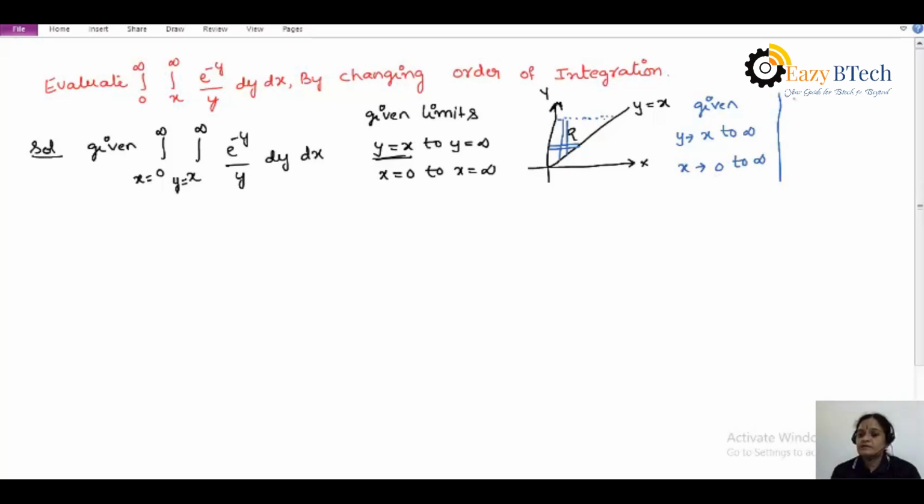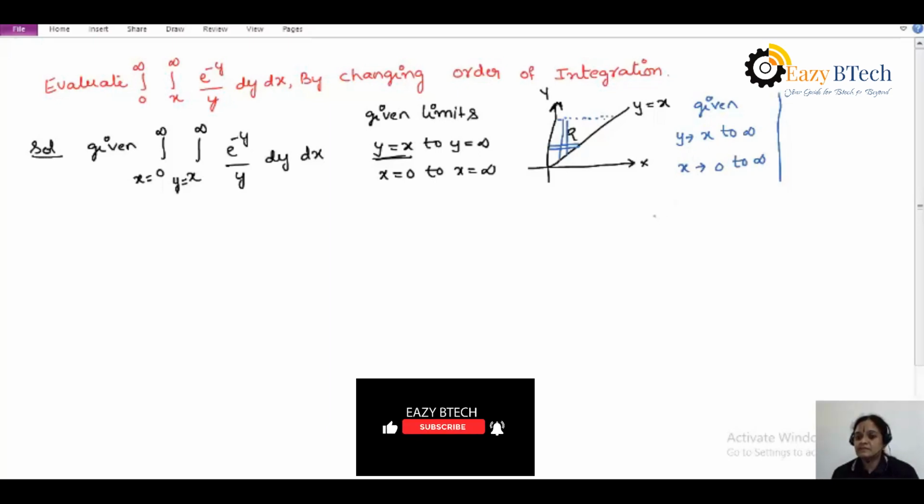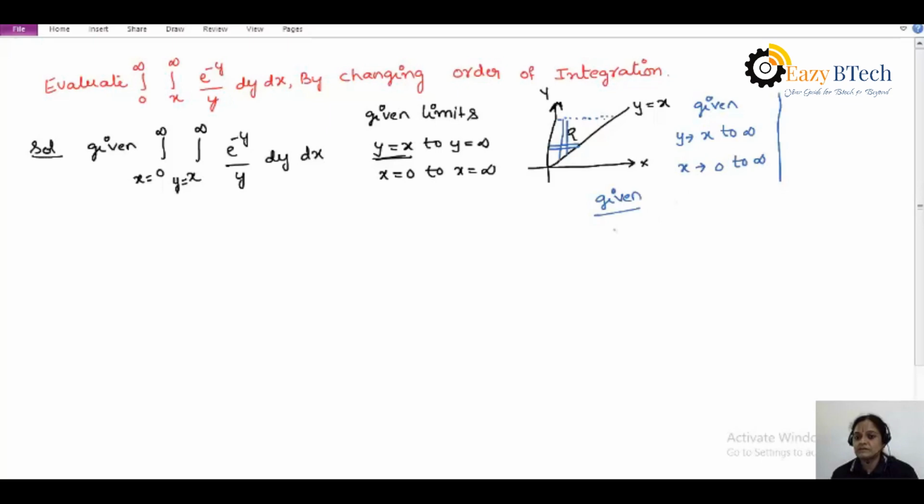Then by changing the order of integration, we have to make x a function of y and y a constant.